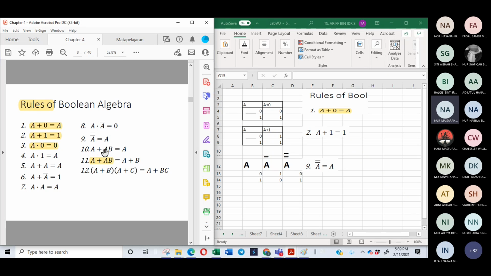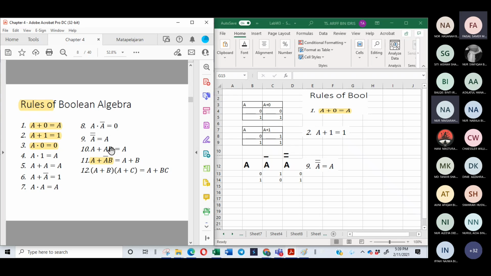A plus A and B is equivalent to A. Can you see the simplification, class? Can you see that we can simplify the circuit? From A plus AB is equivalent to A, can you see the simplification? Class?